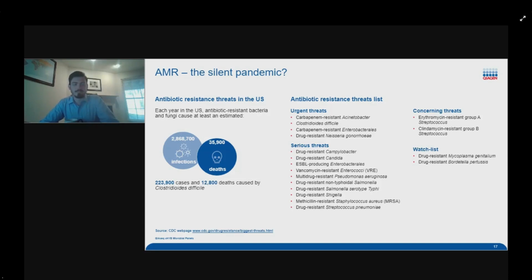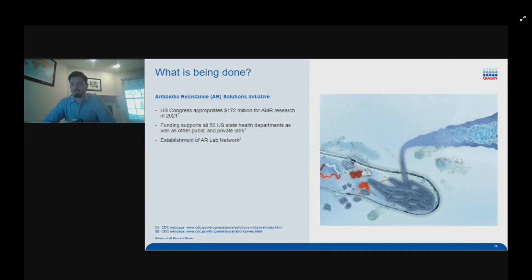And the US CDC has established a list of bacteria and antibiotic resistance that it believes to be an urgent threat, serious threat, and beyond, with different levels of classification. And with that, the United States CDC has, in just 2021, put aside $172 million for AMR research, as well as established a network of labs that includes every single U.S. health department in terms of AMR research and AMR surveillance.